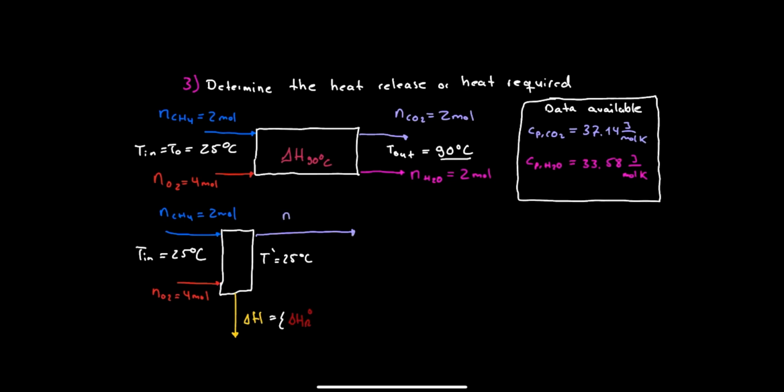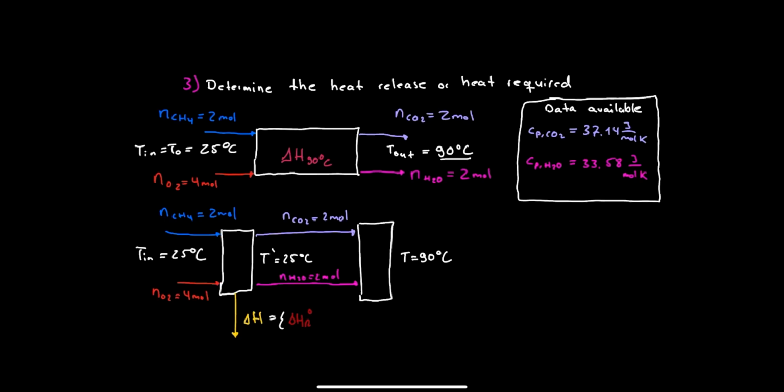Here we would have our exiting molar amounts, 2 moles of CO2 and 2 moles of H2O. So what we can say now is that after conducting the reaction, we will heat the products to 90 degrees Celsius.